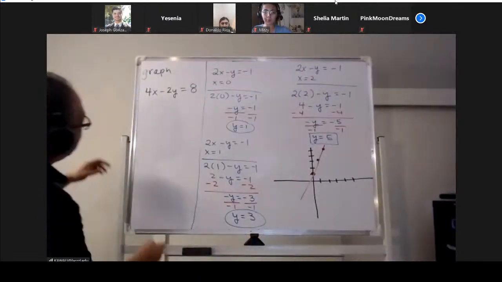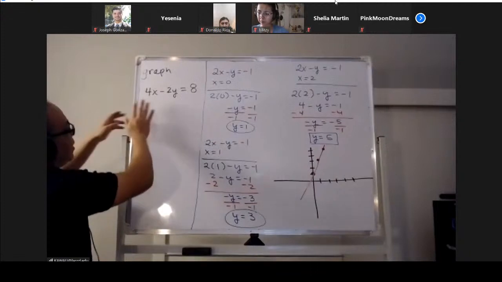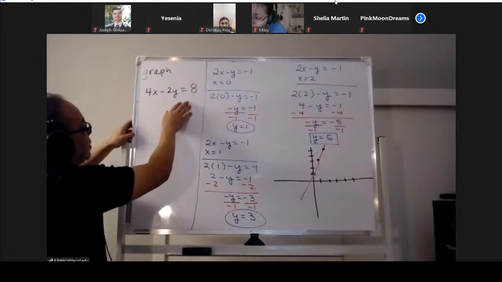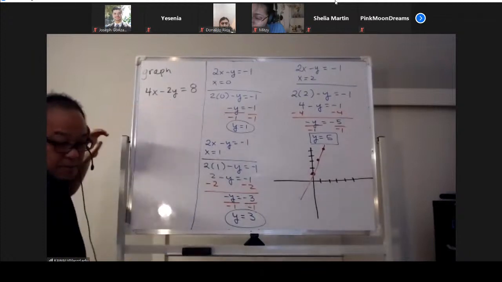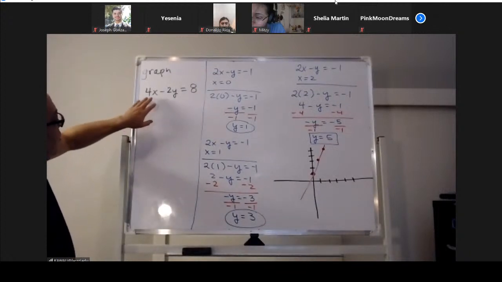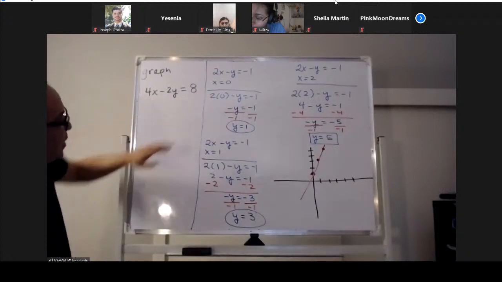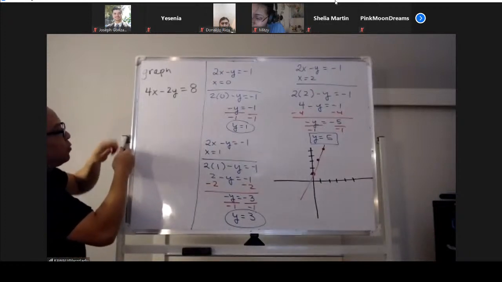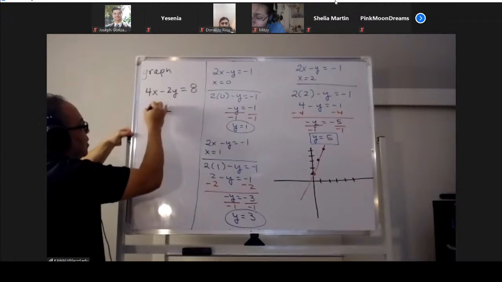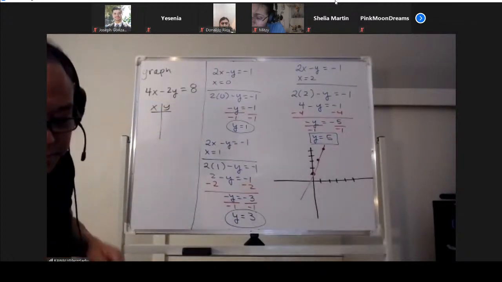Okay. So then we'll ask ourselves the questions from left to right. Is there a fraction? No. Is there an x or y by itself? No. Okay. Do both of these numbers divide into here? The answer is yes. So then we'll do 0, 0.